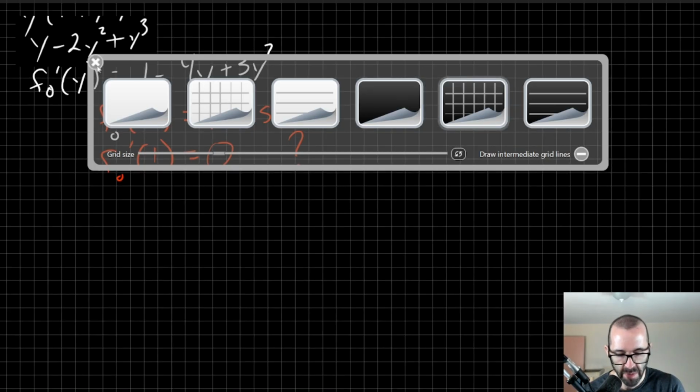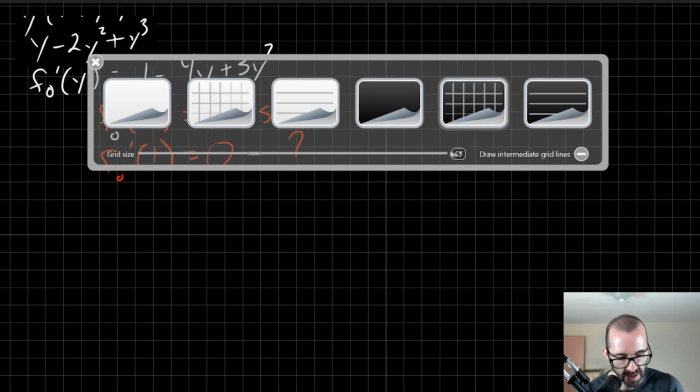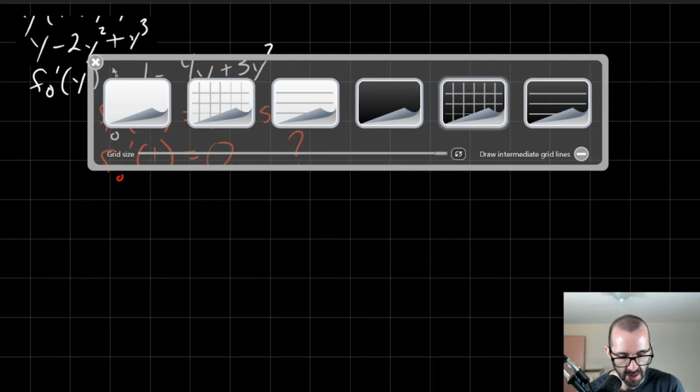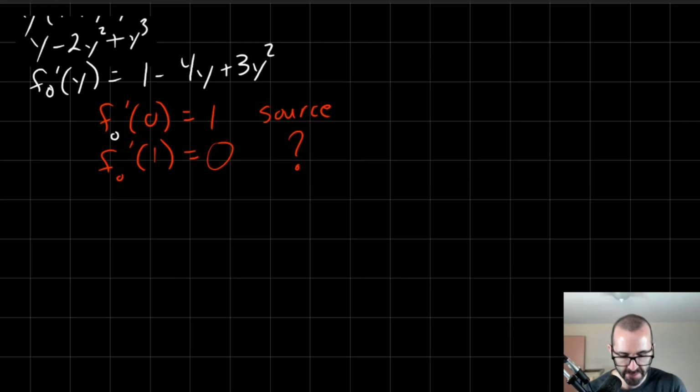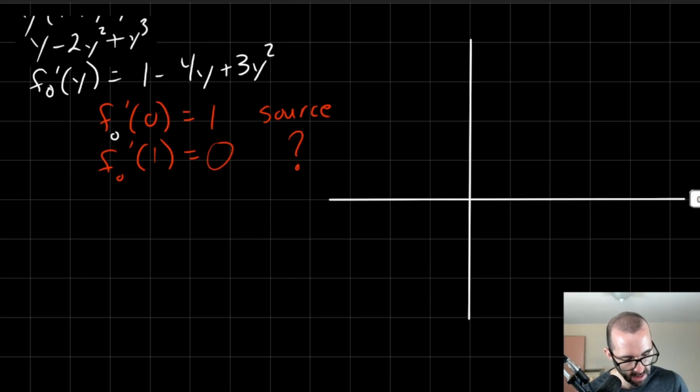So remember what we have here. If we're graphing something, here's our parameter that's changing, mu. Here's our equilibria, y. We're looking at mu equals 0.